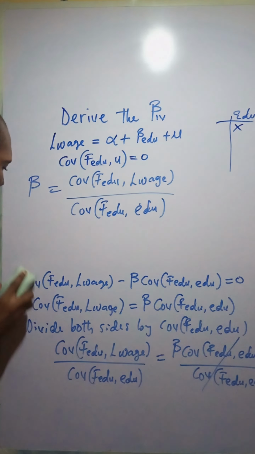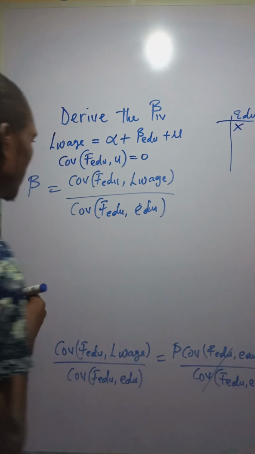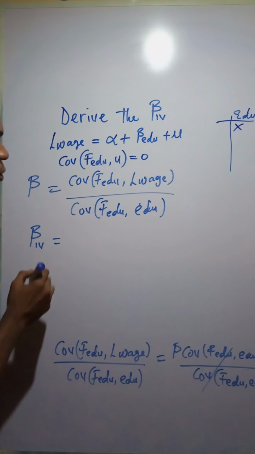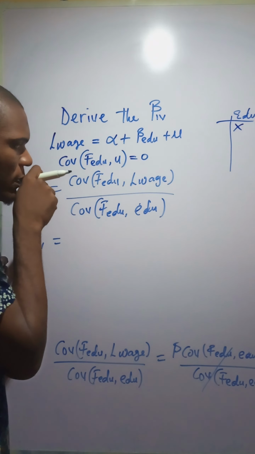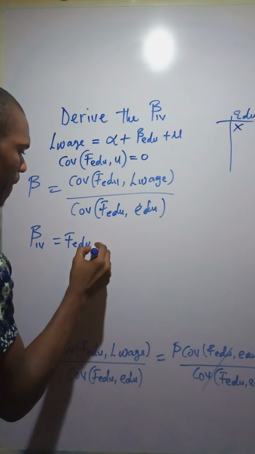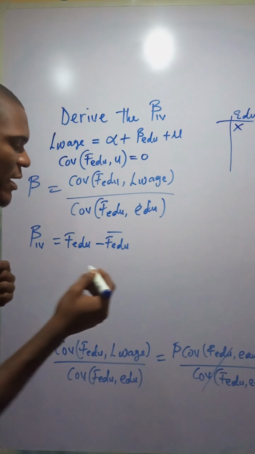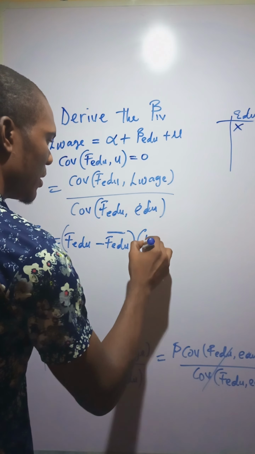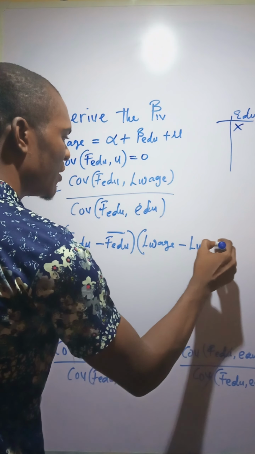Okay. Now, how do you now expand this covariance? So your beta IV will now be equal to the summation of father's education minus the mean of father's education, multiplied by labor wage minus the mean of labor wage.